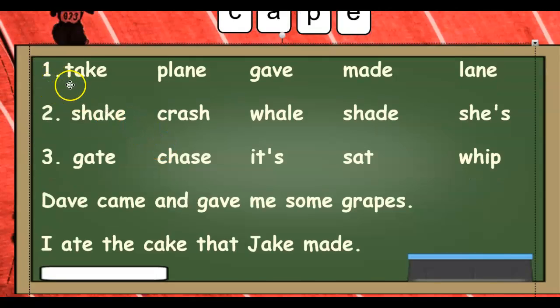Now we are going to read these words together. First we'll blend the word, then say the word. Let's start on number 1 and go across. Are you ready? Let's start with the first word here. T, ache. T, ache. What is the word? Take.